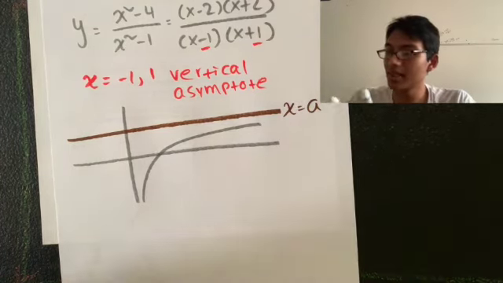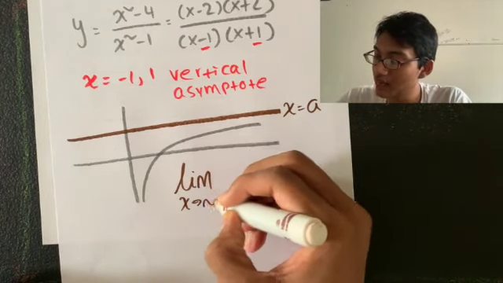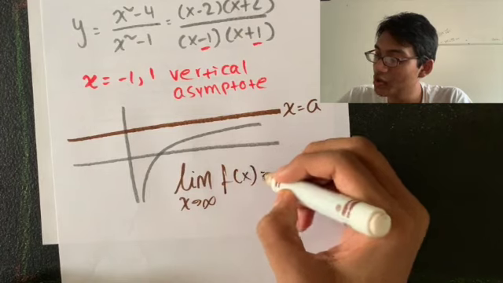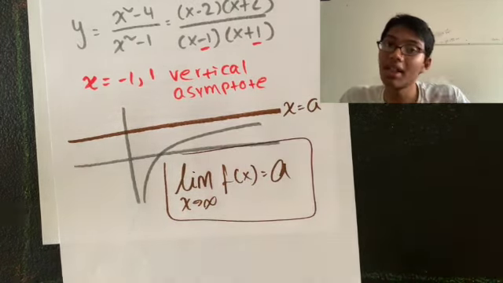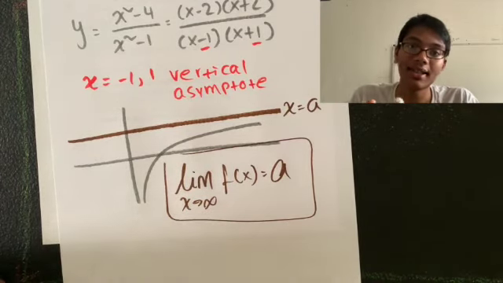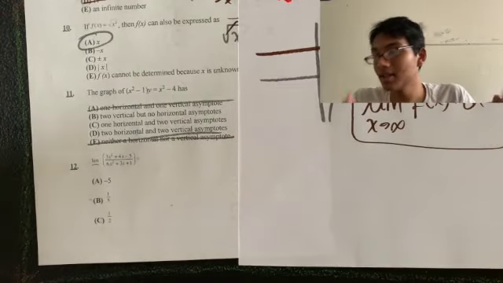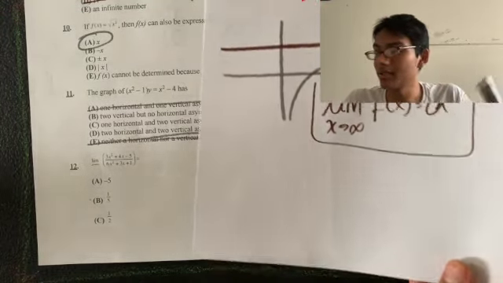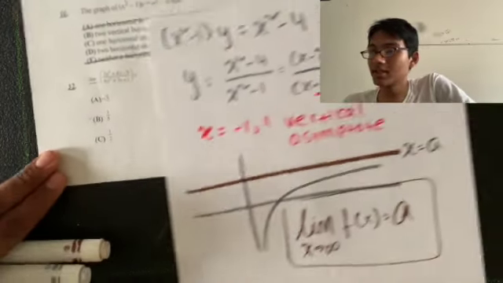Well, observe that if we take the limit of this function as x approaches infinity, we should get this horizontal asymptote. So even if you don't know calculus, hopefully you can take this approach and apply it to this SAT math problem. Usually the SAT doesn't have calculus, but calculus can help you here and there if you forget algebra, which I do, which is kind of sad, but that's okay.